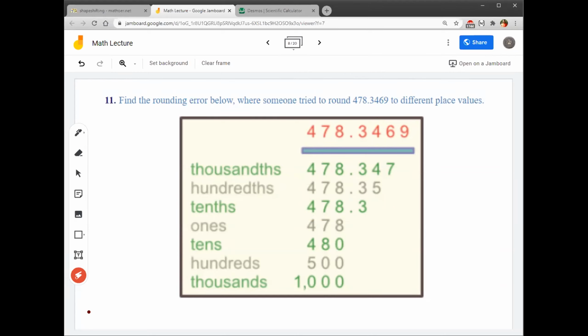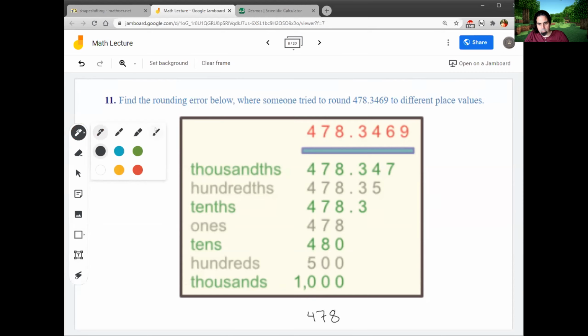Is it when they rounded to the thousandths? Yes. Is 478 closer to 0 or 1,000? It's less than 500. Right? They said it was 478. I need to round it to this thousandths place. So I will get rid of the 4 and the 7 and the 8.